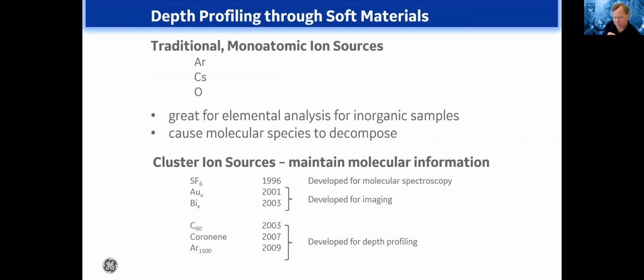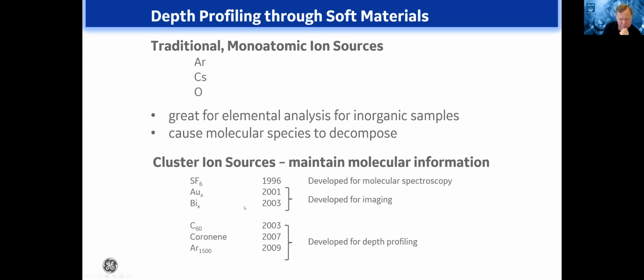So when we were talking about Auger analysis, we mentioned depth profiling, and depth profiling through inorganic species has been possible. Traditional monoatomic sources such as argon, cesium, and oxygen have been very useful for ToF-SIMS as well, and other varieties of SIMS. But the problem is when you expose a biological material to these ion sources, you have decomposition.